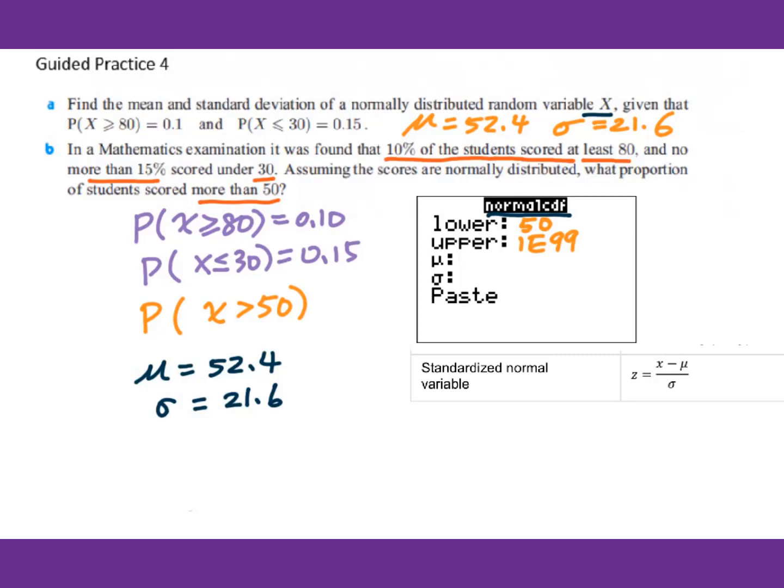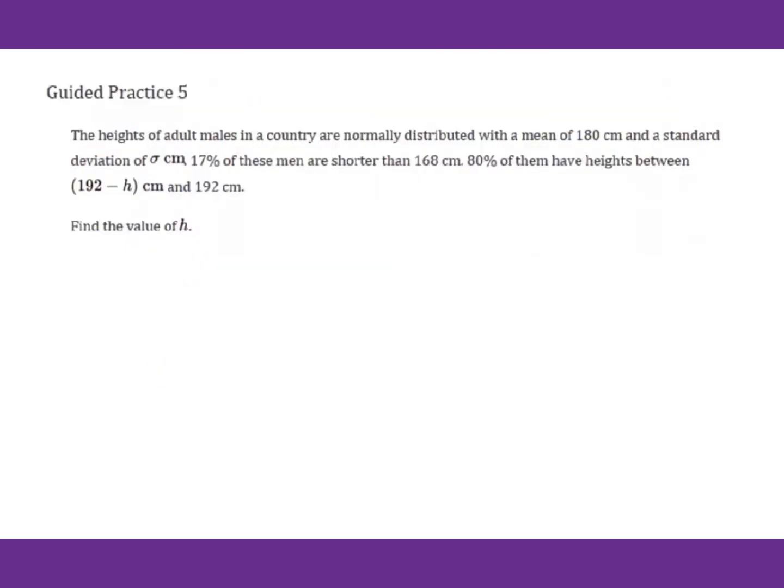For mean, 52.4. Standard deviation is 21.6. You will get probability x greater than 50 equals 0.544. Let's go to guided practice 5.